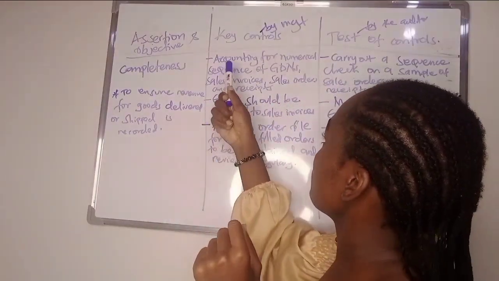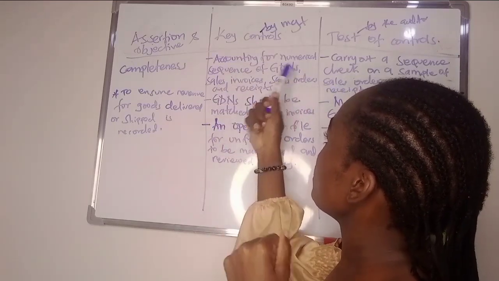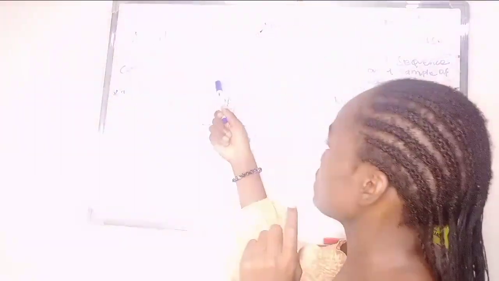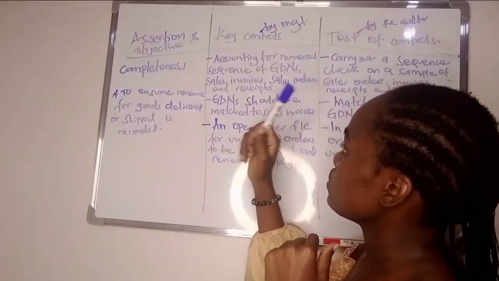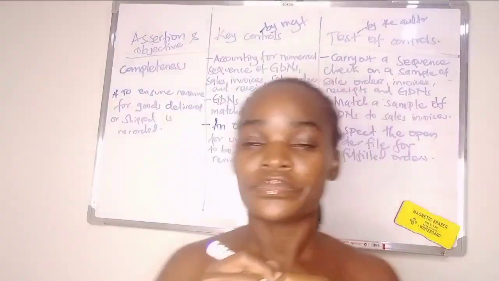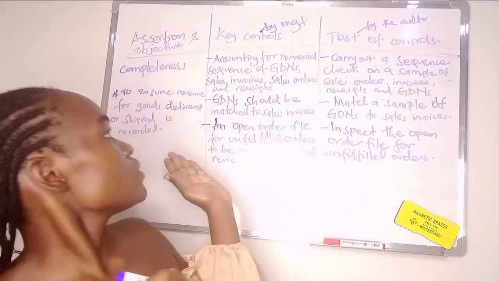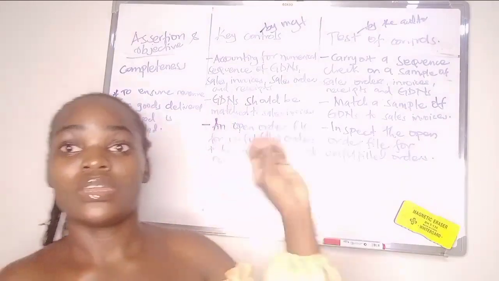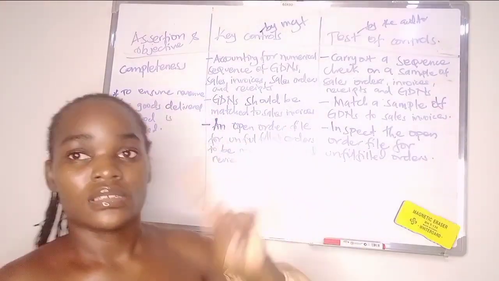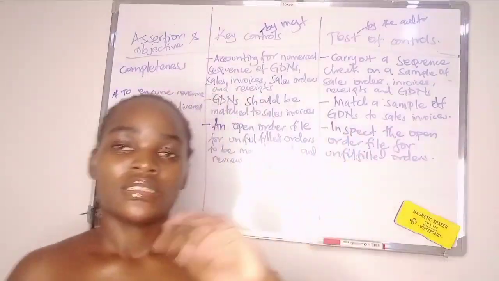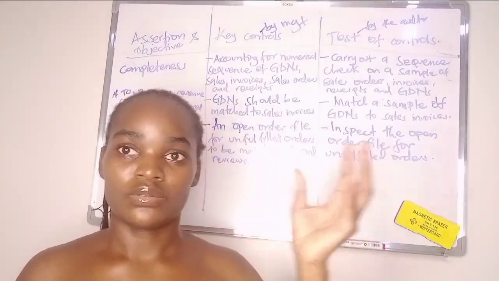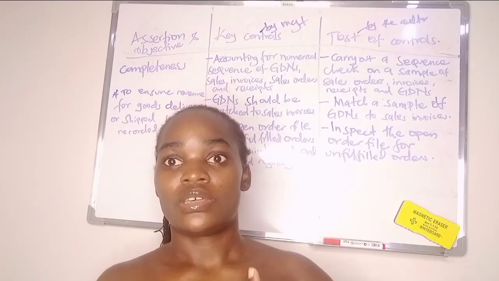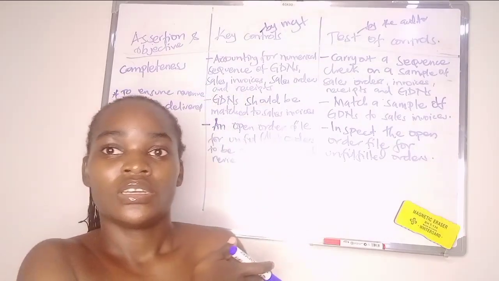The first is accounting for numerical sequence of the goods delivered notes, sales invoices, sales orders, and then receipts. Like numerical sequence of those documents, you number them, like sales invoice 001, 002, 003, like that, so that you can easily match.